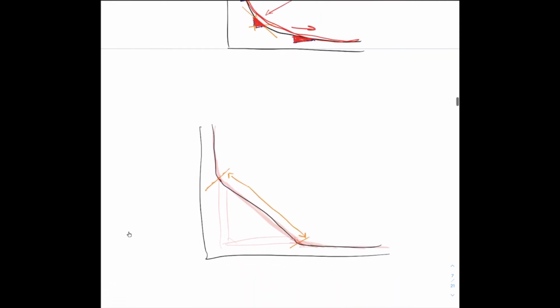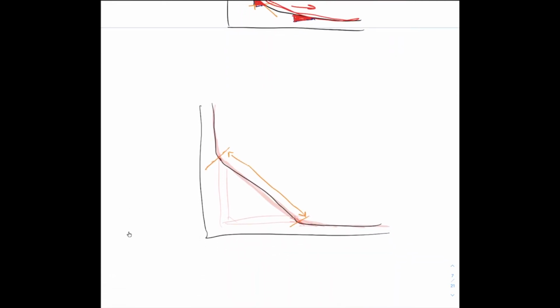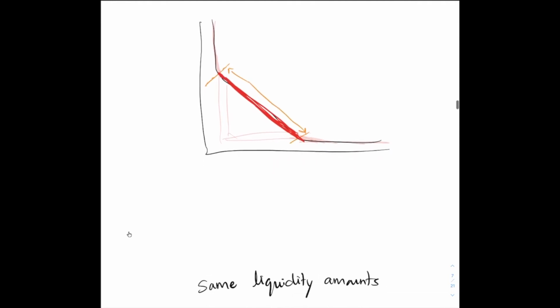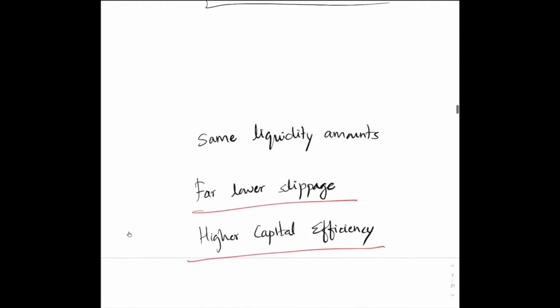Whereas on something like Curve, they have a very large portion of their swap bonding curve where it is essentially flat, and that leads to very high capital efficiency and low slippage, which means with the same amount of liquidity you can have far lower slippage and very high capital efficiency.